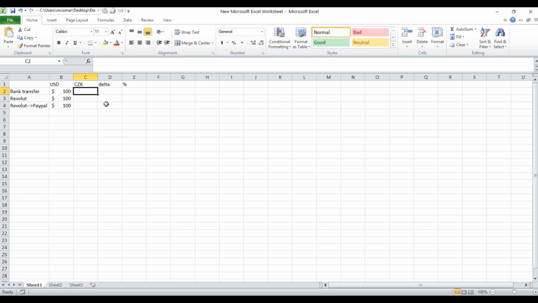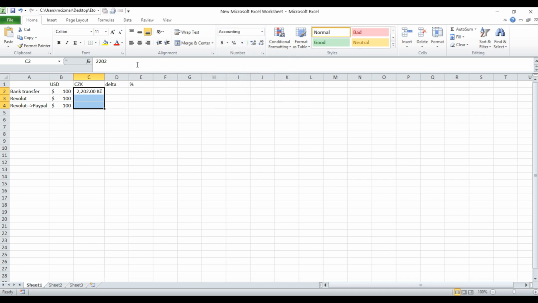Then for the exchange rate, I need to check which one was used, or was it today's exchange rate? Okay, so using my bank, 2,202 Czech crowns would be needed, or was needed today. So let's put it like that.